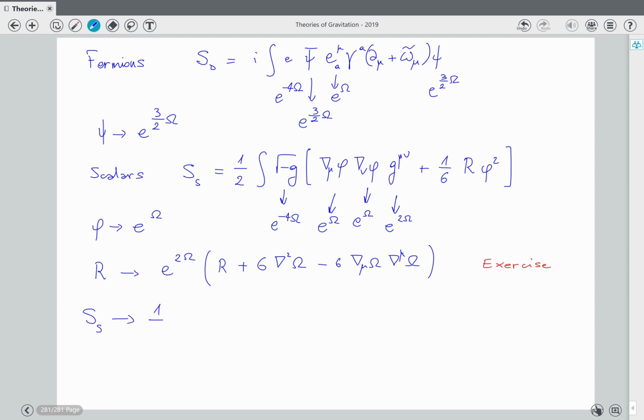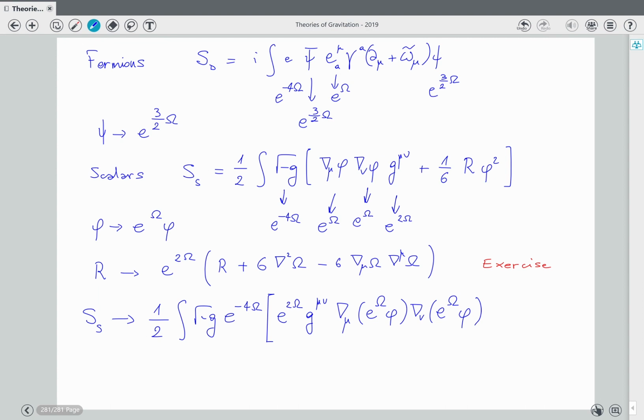S goes into what? 1/2 integral of square root of minus g e to the minus 4 omega, then you have g mu nu, then you have del mu phi goes into e to the omega phi, del nu e to the omega phi, plus 1 divided by 6 phi squared goes into phi squared times e to the 2 omega.